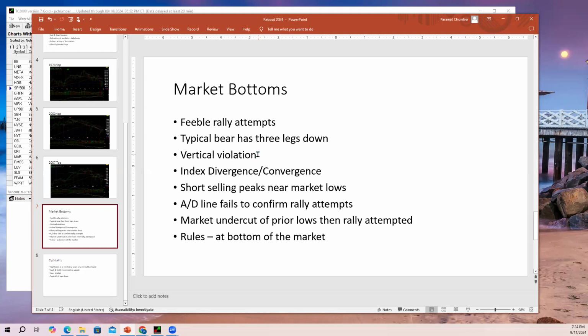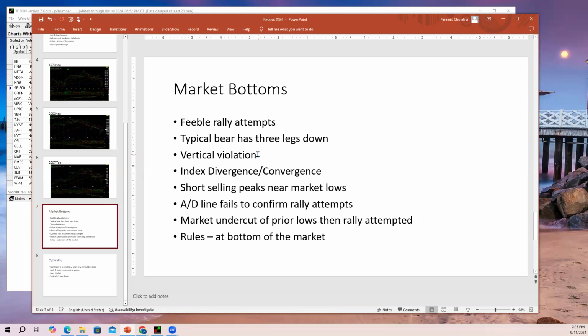Then another secondary indicator is the advance-decline line. This is the advance-decline line on the NYSE that we want to look at. Again, if the market is trying to rally and it's not confirmed by the AD line, that is an indication that it's a feeble rally and may fail. Bear in mind that this is a secondary indicator and is lagging.